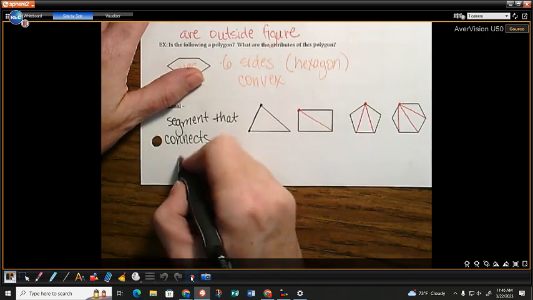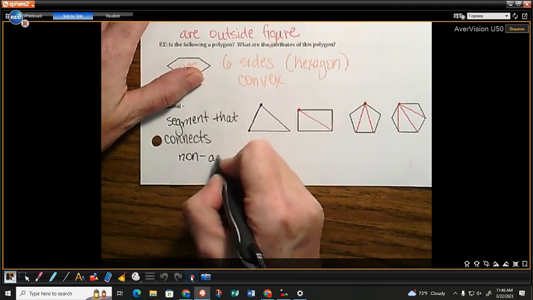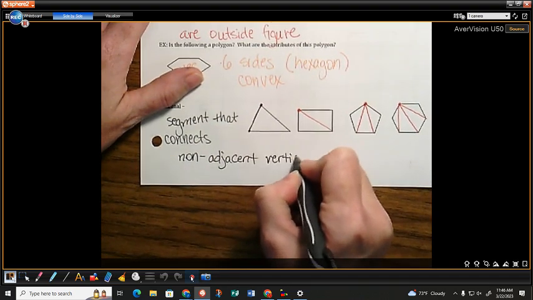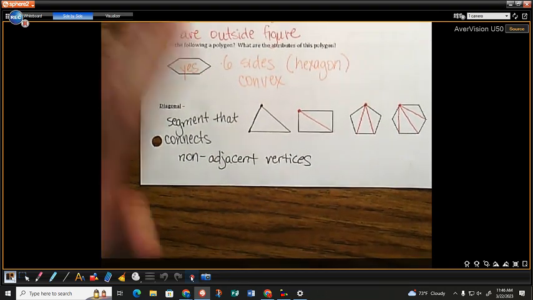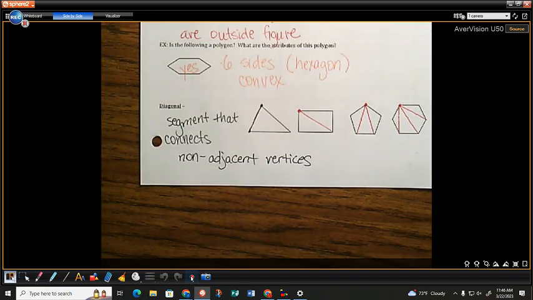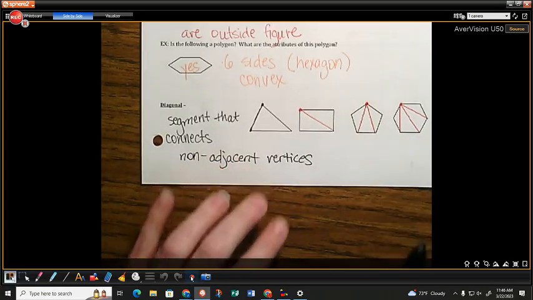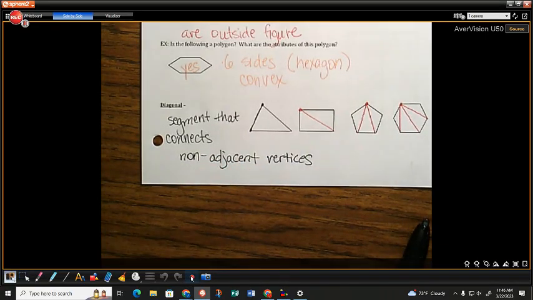It's a segment that connects non-adjacent vertices. Because if they're next to each other, that's going to form a side of your polygon. It's when you're jumping past one, going across somewhere, that you end up having that kind of thing.